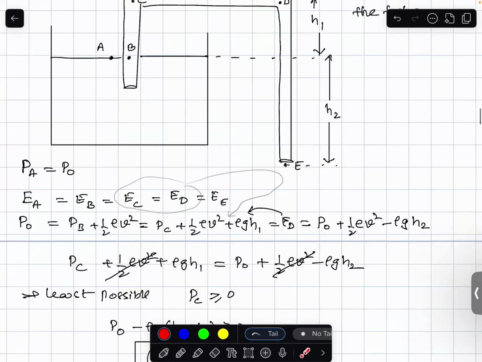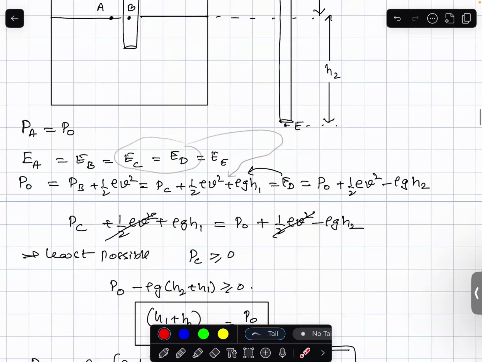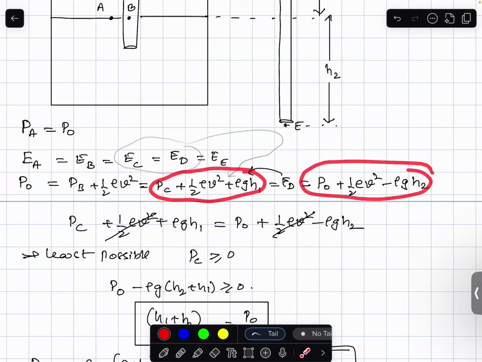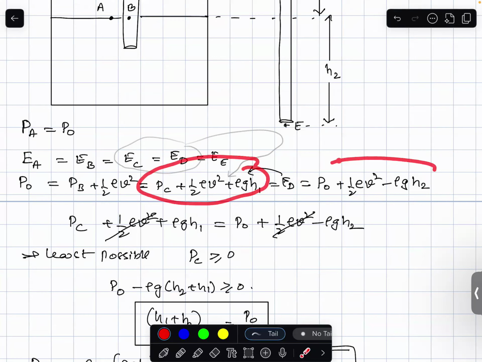I will try to compare these two equations first. When I am trying to compare these two equations, what is happening? PC plus half rho v square plus rho g h1 is P naught plus half rho v square minus rho g h2. The pressure at C is the lowest out of all.